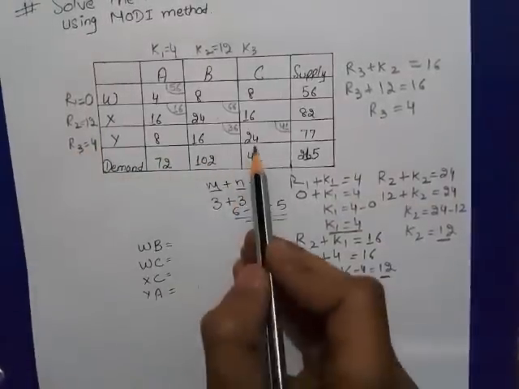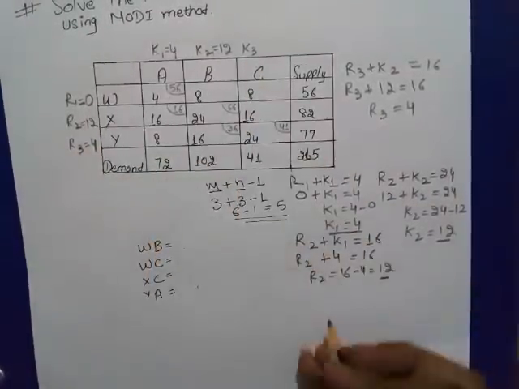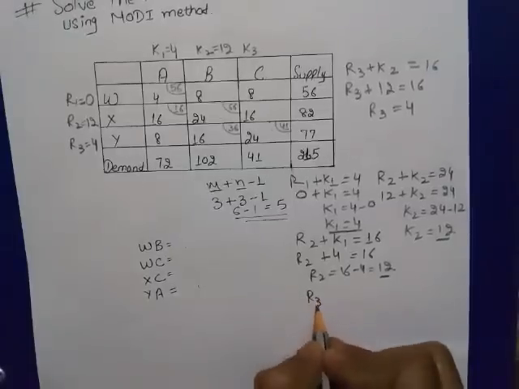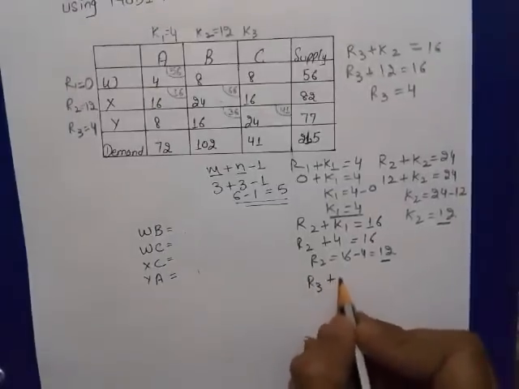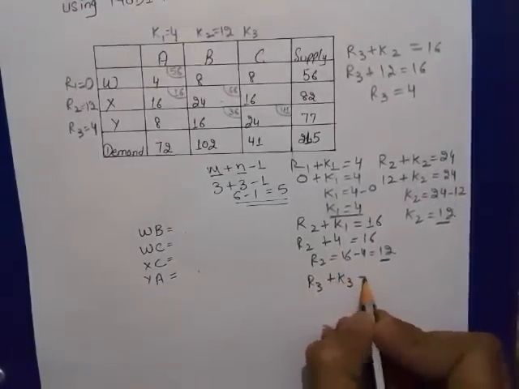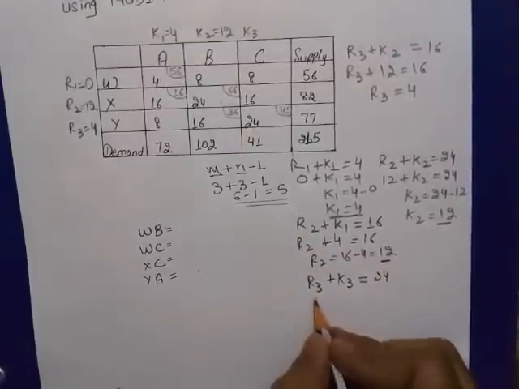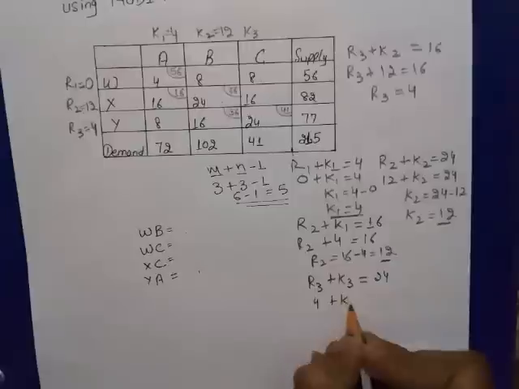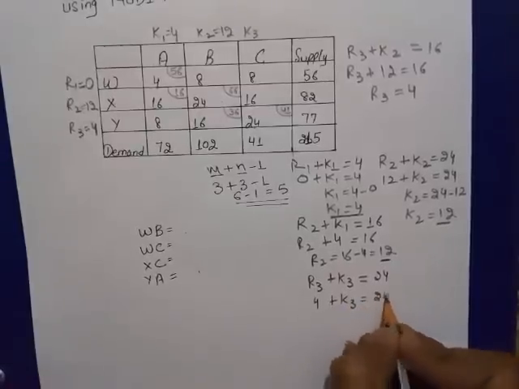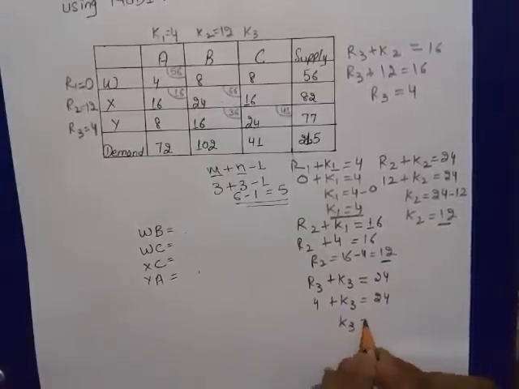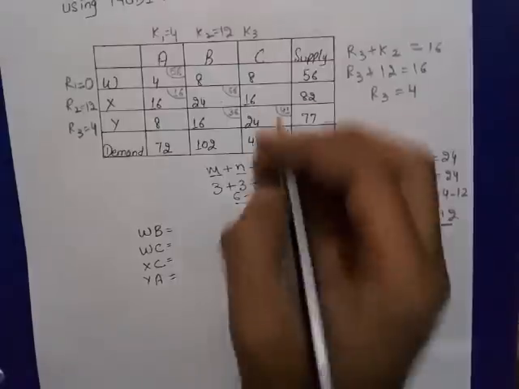By using R3 we can get the value of K3. R3 plus K3 is equal to 24. R3 is 4 plus K3 is equal to 24. K3 is equal to 20.